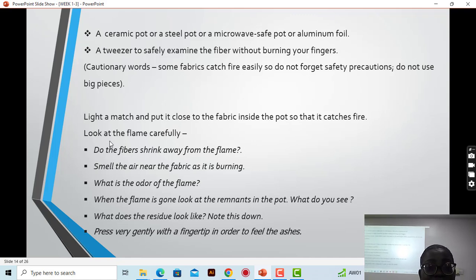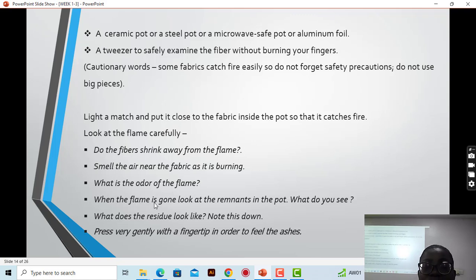So look at the flame carefully. These are some of the things to consider to be able to identify what fibers it is. Does the fiber shrink away from the flame? Smell the air near the fabric as it is burning. How does it smell? What is the odor of the flame?